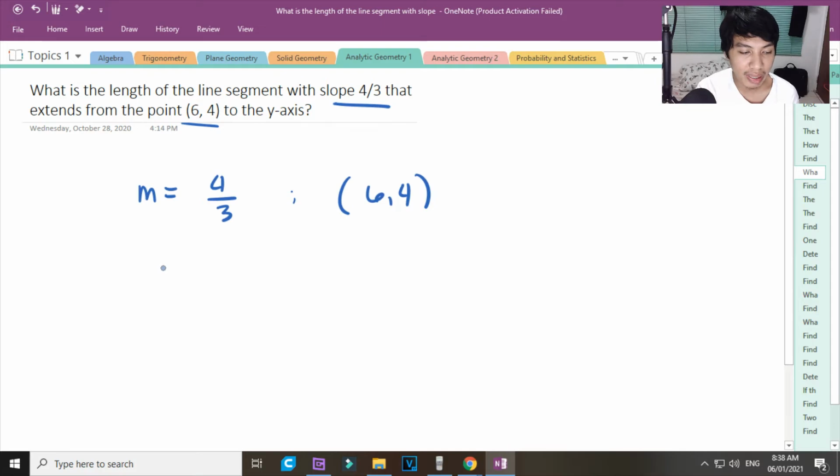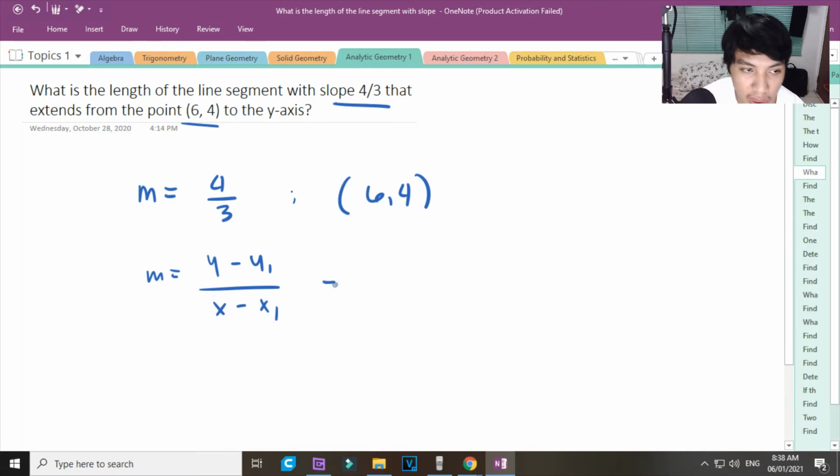So, the equation is the point slope form. m equals y minus y1 over x minus x1. Your m is 4/3 equals y minus y1, that is 4, over x minus 6. Okay.